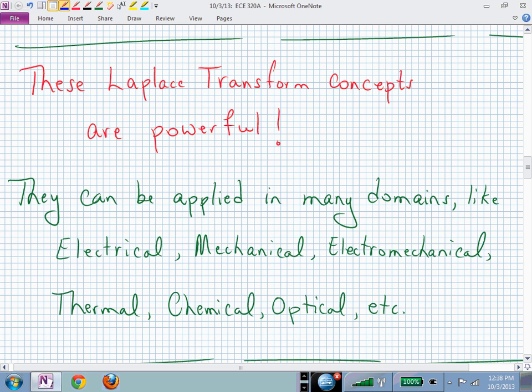Electromechanical is like a machine or a generator, where you're maybe converting between 2 different types of energy, electrical and mechanical. Thermal, maybe you're trying to model something's temperature distribution or the dynamics of this particular system's temperature. Chemical, optical, etc.